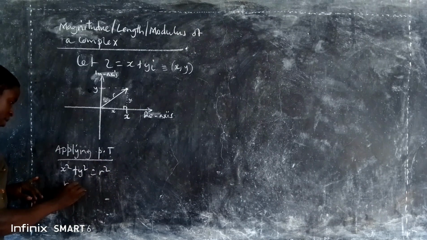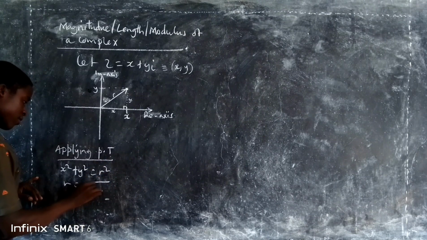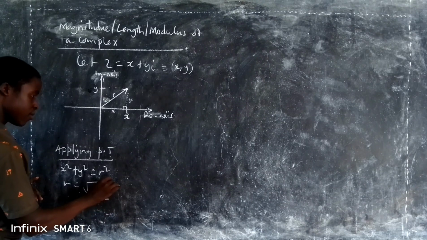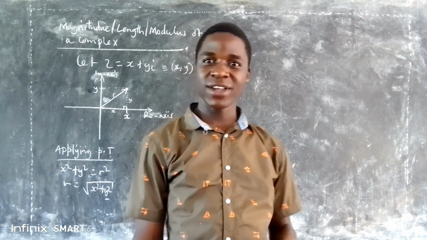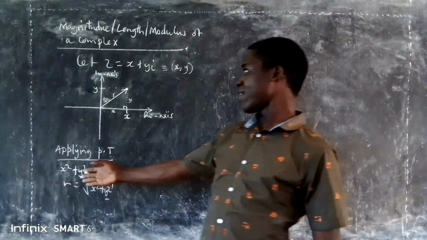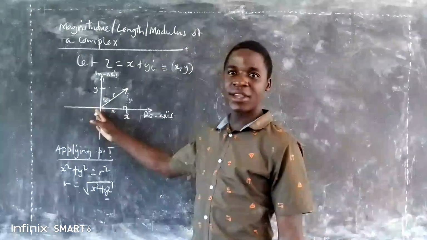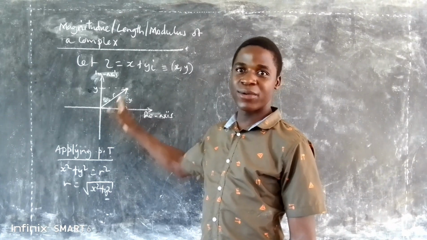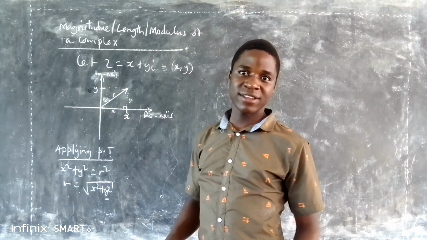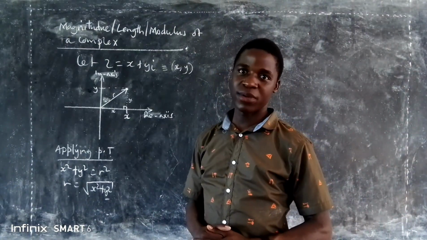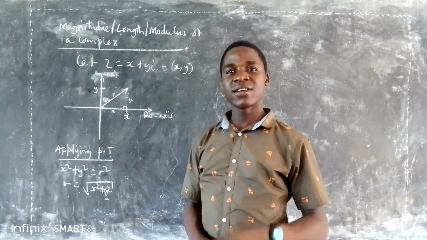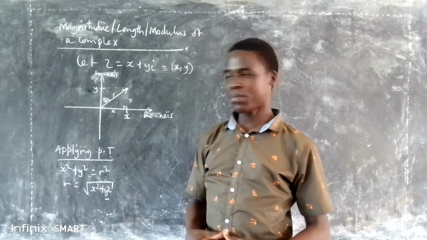So R is equal to the square root of x squared plus y squared. And what is R? R is the range of the complex number, the one we are calling the modulus, and at the same time we are calling it the magnitude of the complex number. So, in that case, how do we denote the modulus of the complex number?